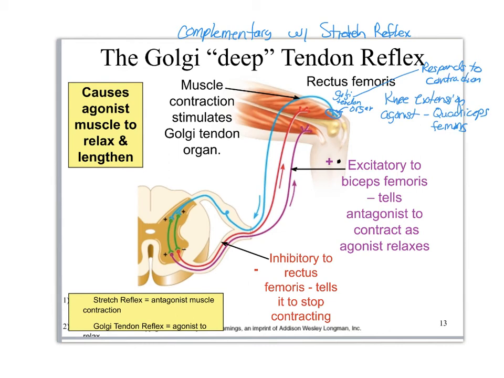So this is going to respond to the contraction and send a signal along the sensory pathway into the dorsal root. It's going to have two synapses. The red line right here is going to be inhibitory to the agonist, saying, okay, relax, you don't need to do extension anymore. The purple line is going to come over here and go to the hamstring muscle and tell it to contract as the antagonist, resisting the extension being caused by the quadriceps femoris.